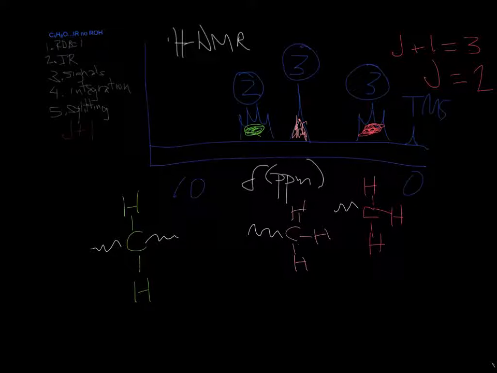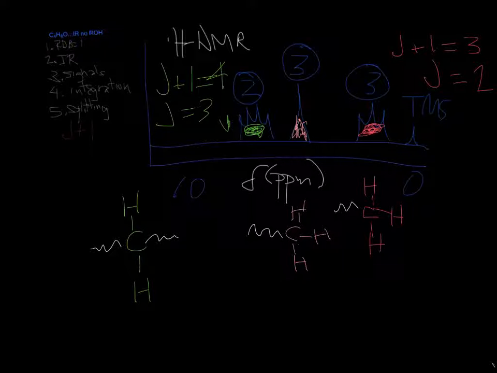Let's keep that in mind. Likewise, I'm going to go over to this one. How many little peaks are in that signal? 4. Therefore, J plus 1 is equal to 4, and J is equal to 3.